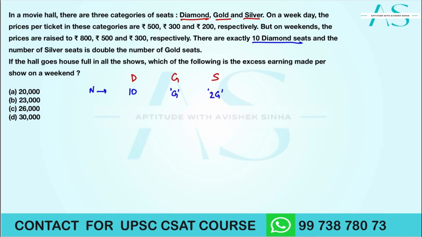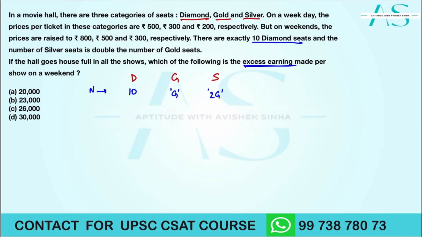If the hall goes full house in all the shows, full house means all the tickets are being sold, all the seats are full. Which of the following is the excess earning, extra earning made per show on a weekend? ये तो clear है कि when you look at a weekday and then compare it with a weekend पे since we are charging high, we would be making extra money.